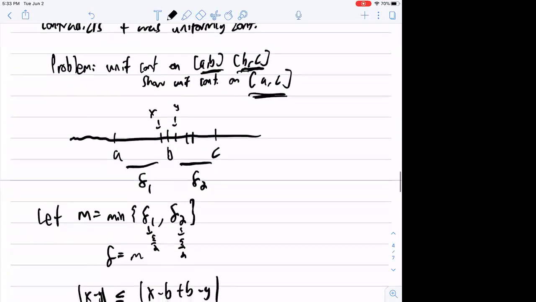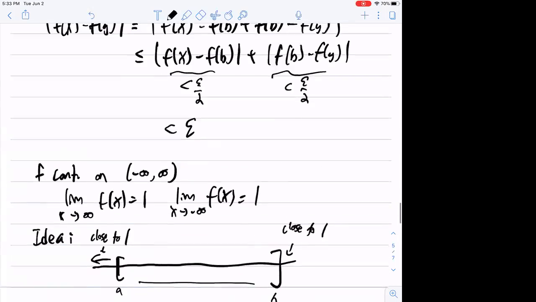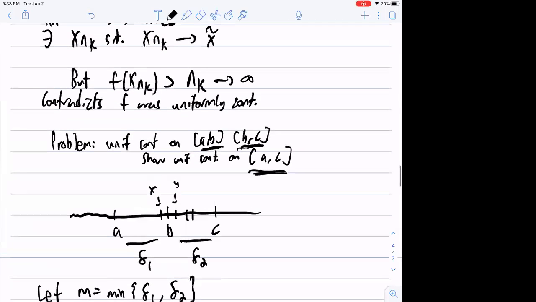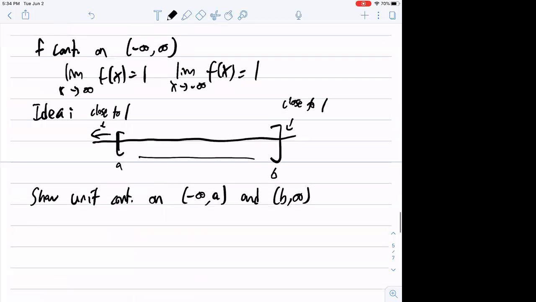Well, hold on. No, we're not assuming uniform continuity. We want to prove uniform continuity, right? The problem before, we already have uniform continuity. Yeah, so the idea here is just that theorem, right?